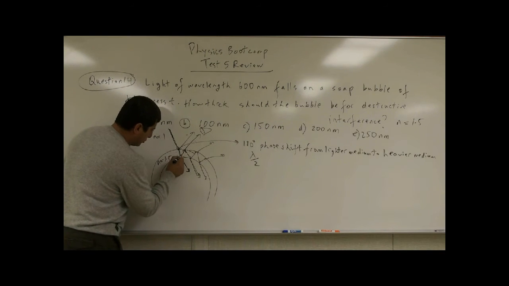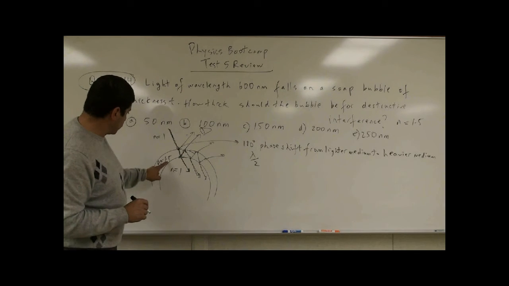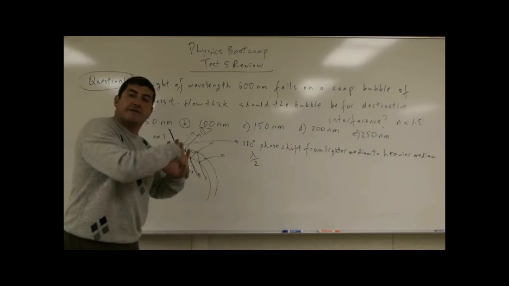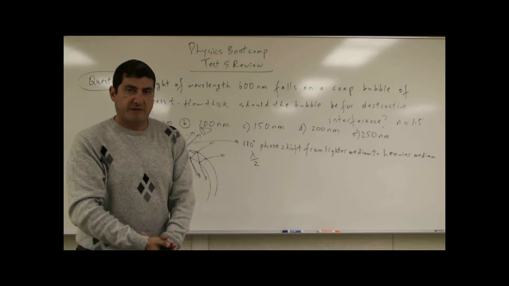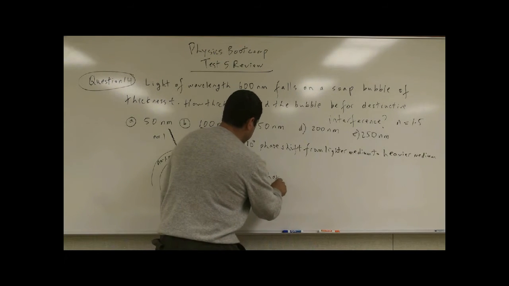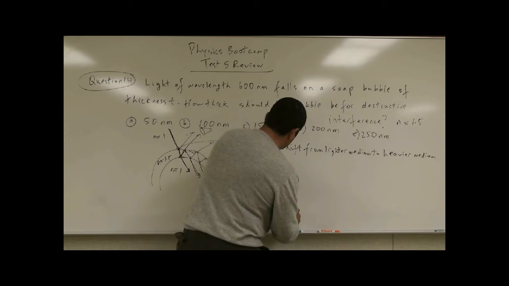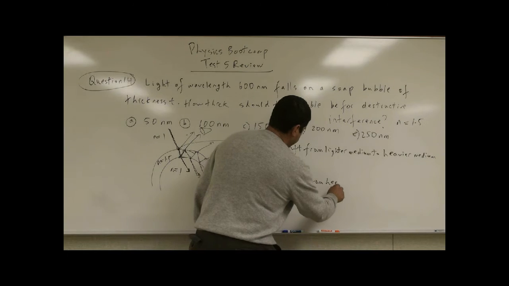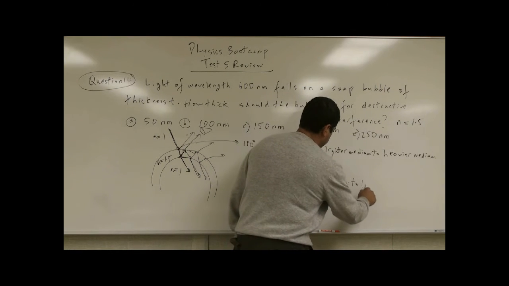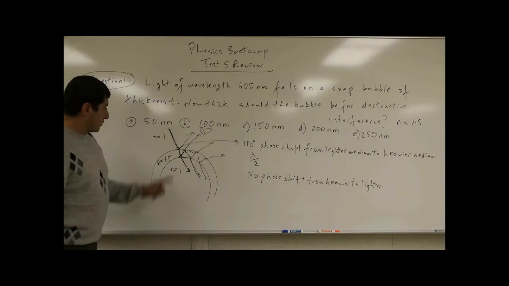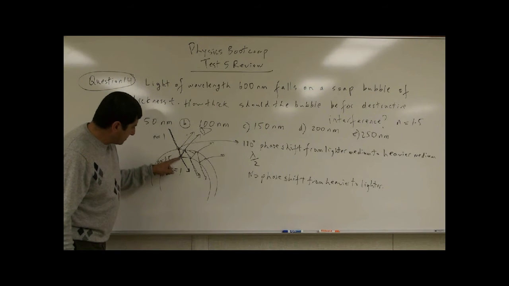Then the transmitted wave goes, reflects back. So upon this reflection, is there a phase shift? Well, this is a heavier medium, this is a lighter medium. From a reflection from a heavier to a lighter, there is no phase shift. So you have one phase shift here, no phase shift there.